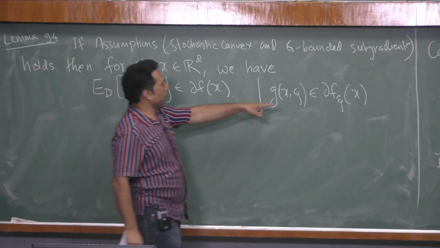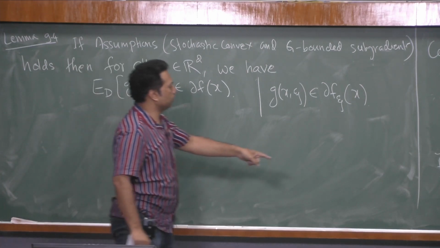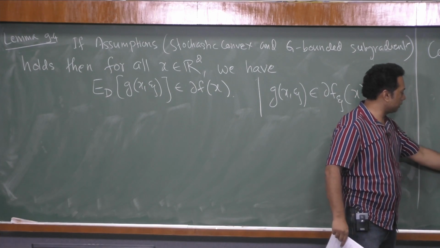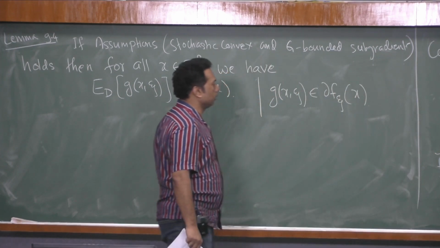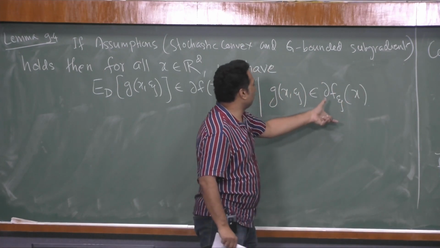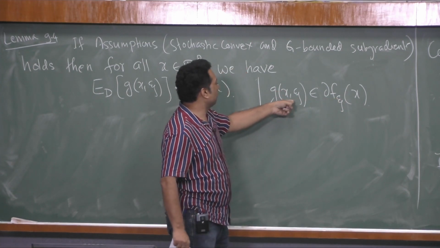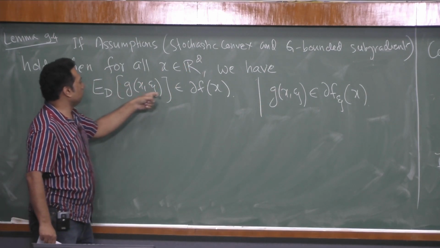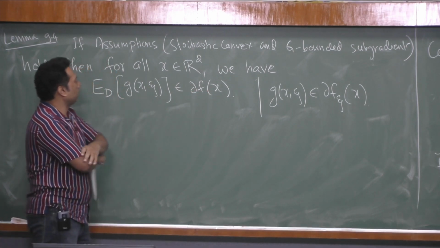And f_j, if you recall, is an approximation of the f. Okay, so f_j is basically this, and this is not the full f, but the sum of some randomly selected f_i's. So what we are saying is that if this G(x, j) is a gradient of f_j at x, then if I take the average of that, the expectation of that, then on average it is in the subdifferential of f at x.